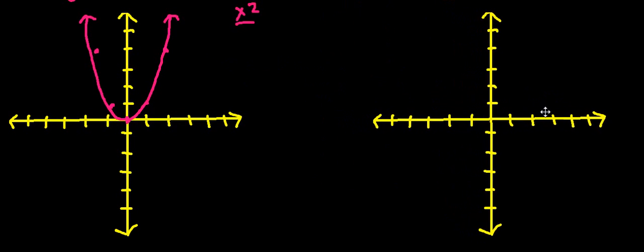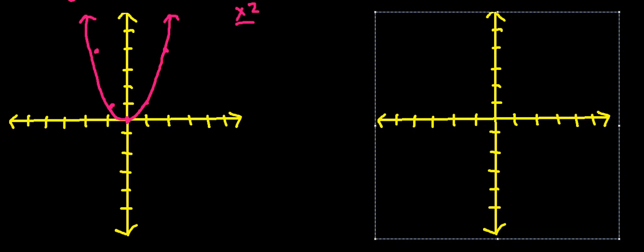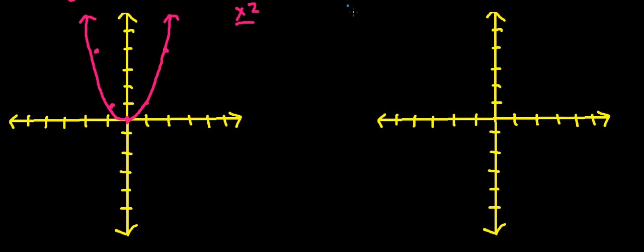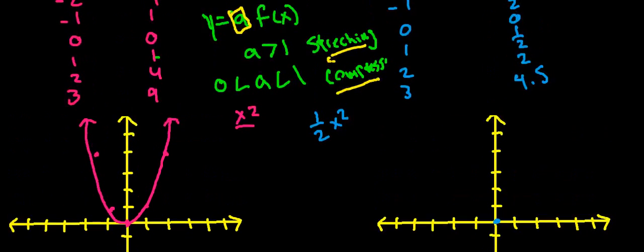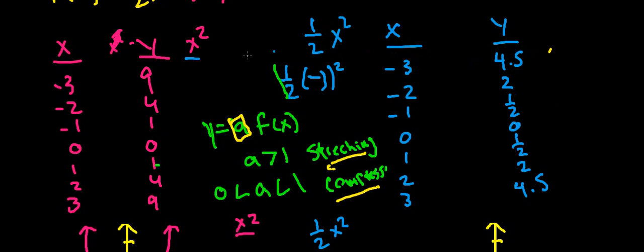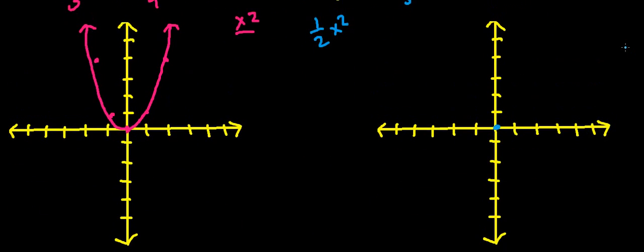Let's graph 1/2 x squared. So here's another graph. It starts out at 0. And remember what we noticed, that this graph was exactly 1/2 of what all these other values are. So when we had 1, we had a half. So it's right there. And we're going to get minus 1, minus a half.